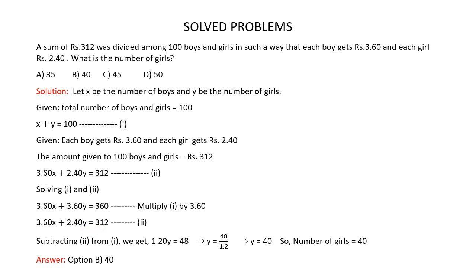Now if you subtract the second equation from the first equation, you can eliminate the boys here and you're left with 1.20y is equal to 48. On solving, you get y is equal to 40. So the number of girls is 40. The correct answer is option B, 40.